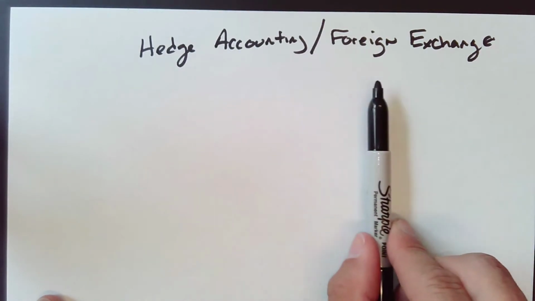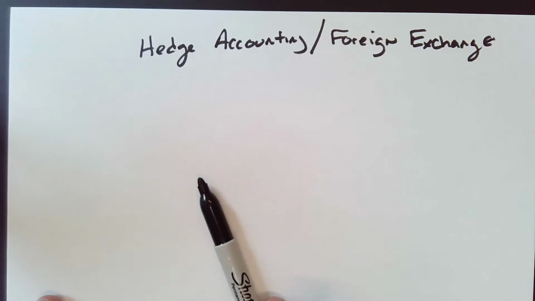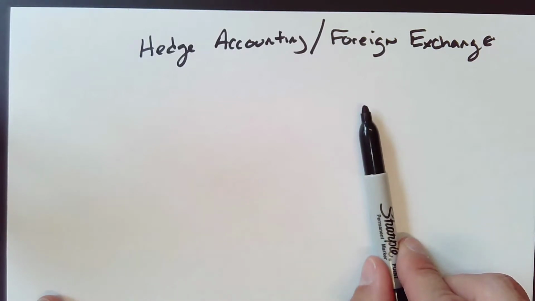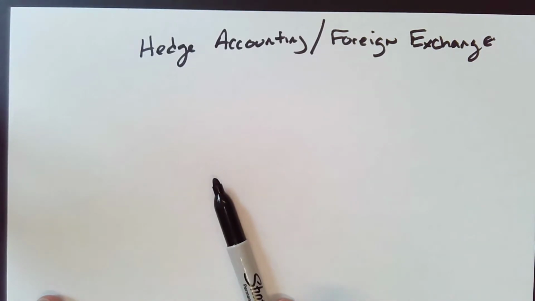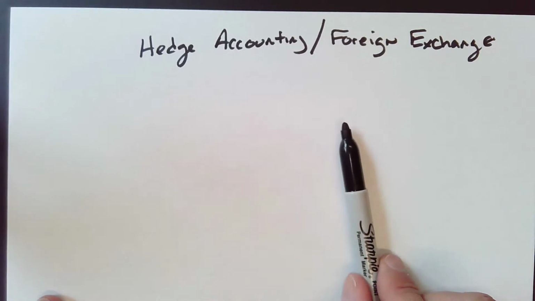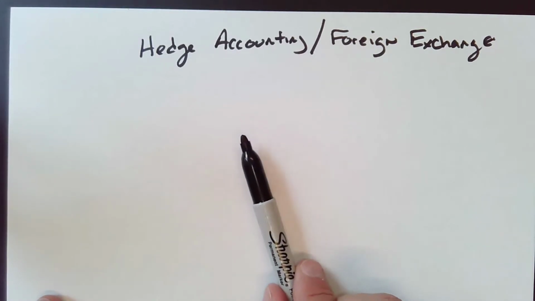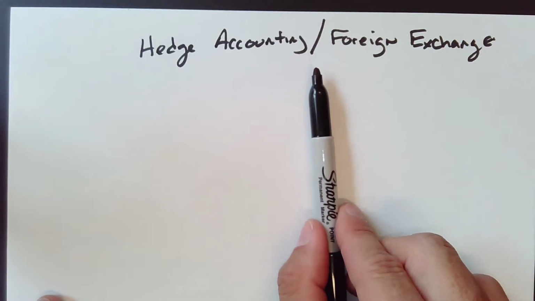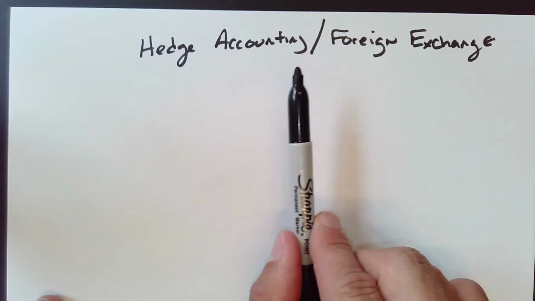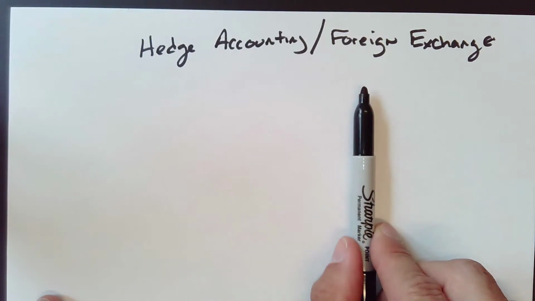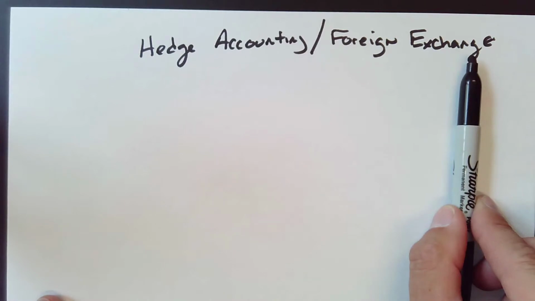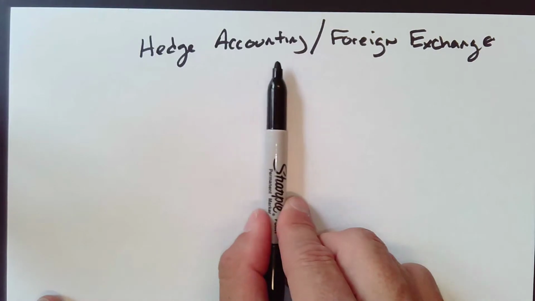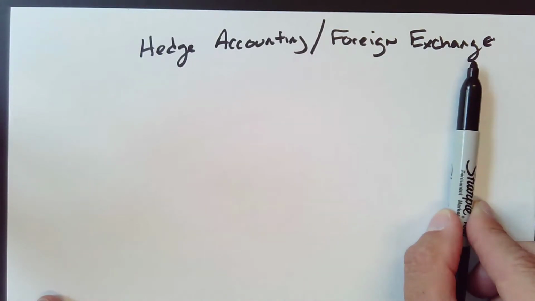And we also know that if we are an organization that has subsidiaries or equity investments with other companies that are either consolidated or otherwise, and those companies' functional currency is something other than the US dollar, we have foreign exchange risk. So we want to look at hedge accounting and we want to look at foreign exchange.